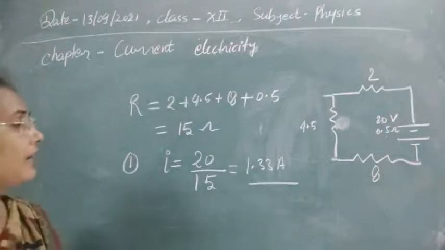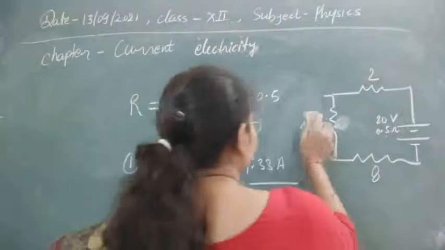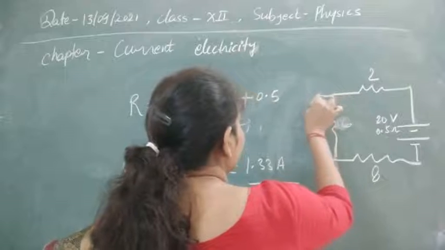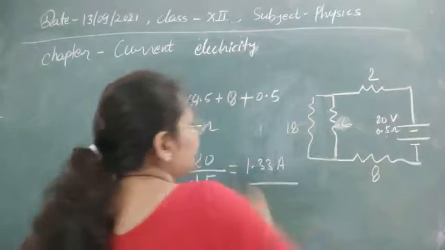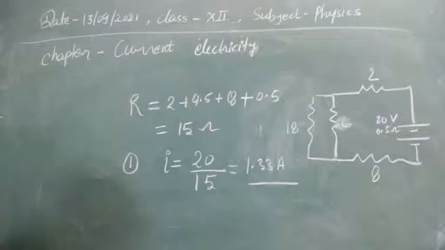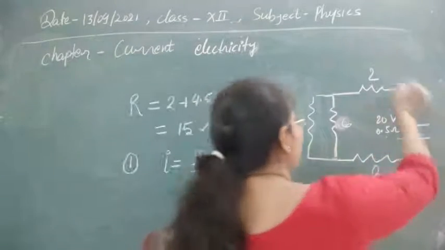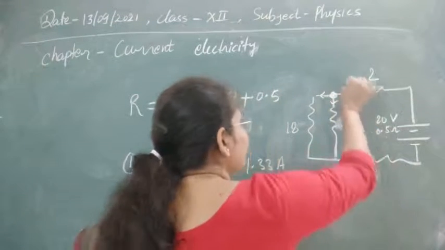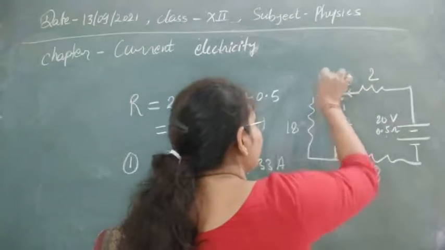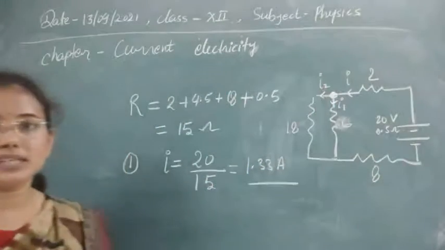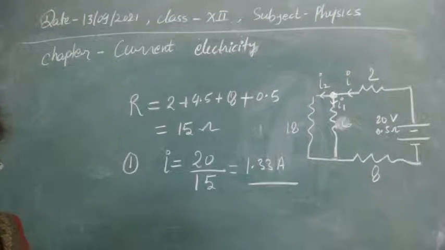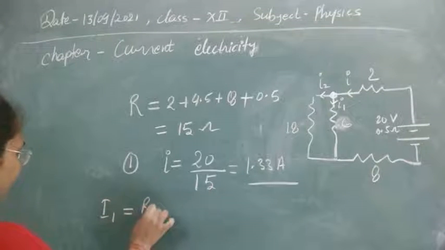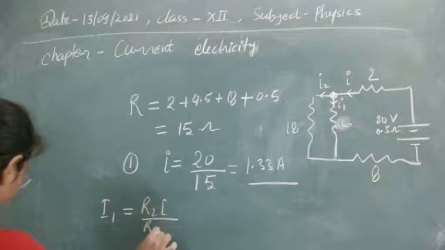If you see this figure again, let's make our figure in this way. This is 6 and this is, suppose, one of the resistances here, that has value 18. Now the current that is flowing through the battery will reach a junction here, so the current will be divided into two parts. If I is coming, then it will be divided into I1 and I2. Now we can easily find the values of I1 and I2. I1 can be calculated by the formula R2 into I upon R1 plus R2.